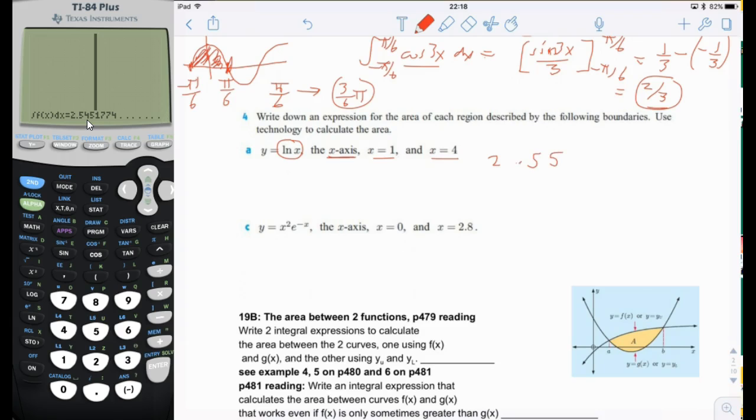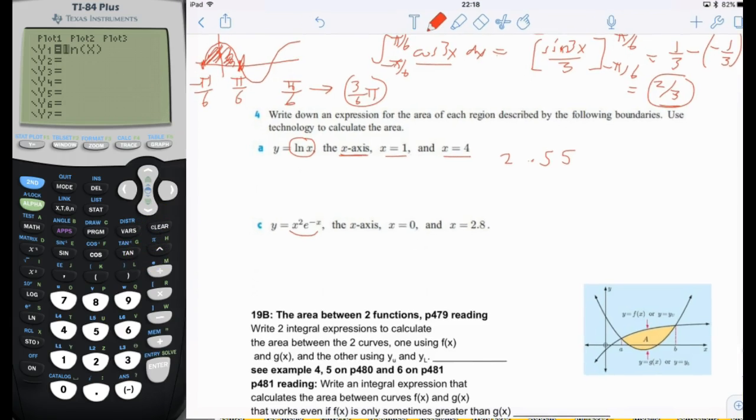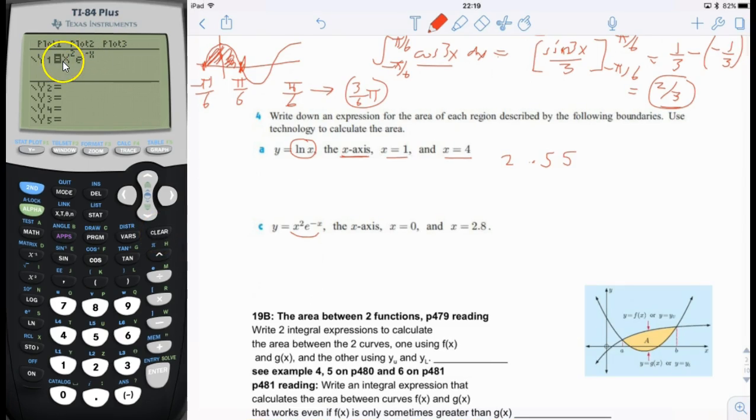Okay. Next one. Now we have a very weird-looking function. So we're going to go in here and change the log x. I'm going to move this over here. Okay, so I typed in x squared e to the negative x. Make sure that this negative here is using this button and not the subtract button.